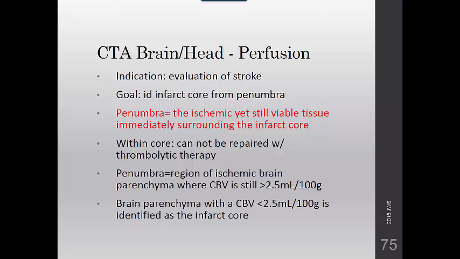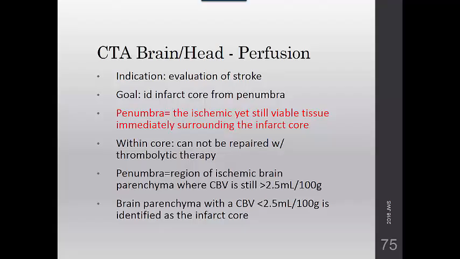So to summarize, when performing a CTP, initially a non-contrast CT head is performed. Afterwards, a CTA of the brain and carotid arteries is performed with the administration of contrast. And then during the perfusion phase, a bolus administration of 50 milliliters of contrast is injected at a rate of 4 to 7 milliliters per second.